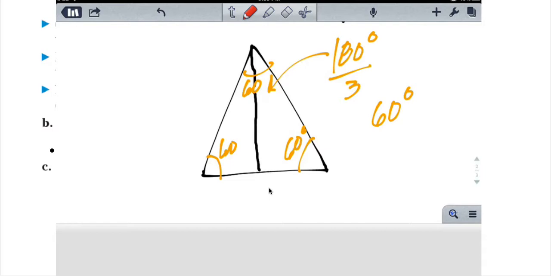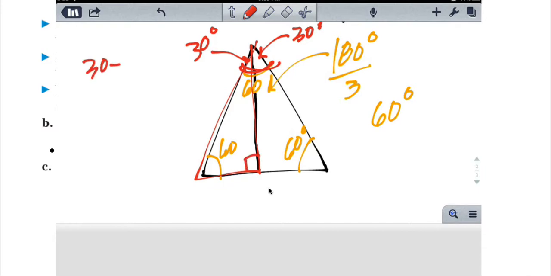That becomes 60 degrees. And since this angle is 60 degrees, half of it is 30 degrees. So they're both 30 degrees. So this right triangle will have a 30 and a 60 degree angle, plus the right angle right there, which is 90 degrees.